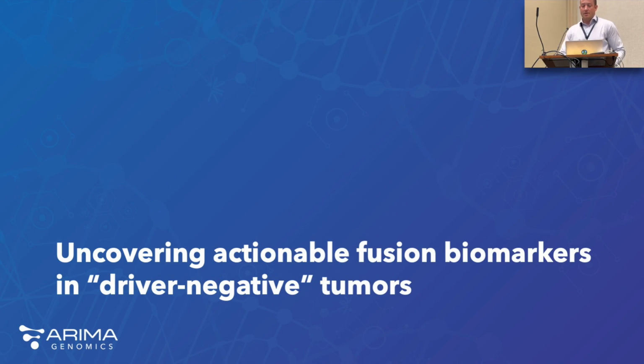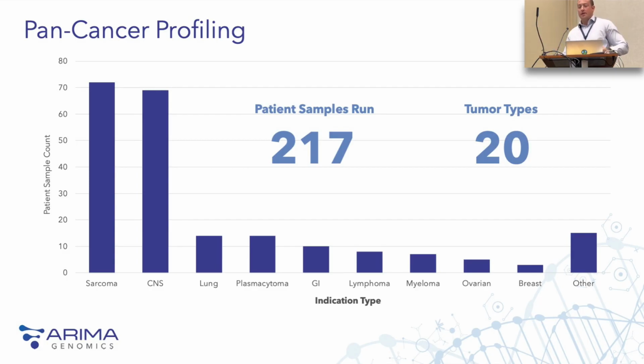And so we're just sort of at a high level summary here. So far, the time I made this slide, it's a little outdated now, we have profiled 217 patient samples across 20 different tumor types. The different tumor types are shown here across the x-axis, and then the number of samples is on the y-axis.